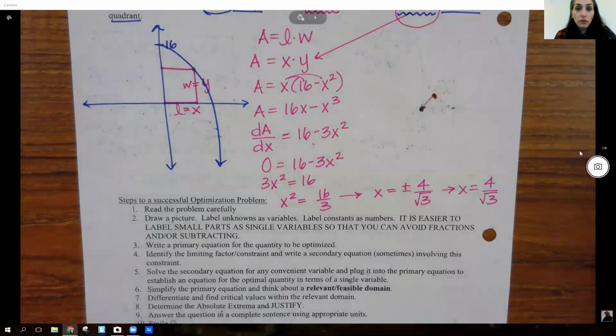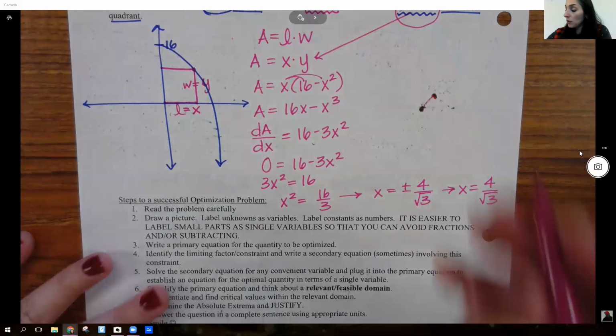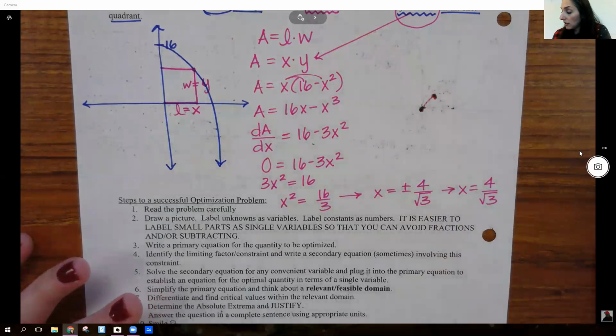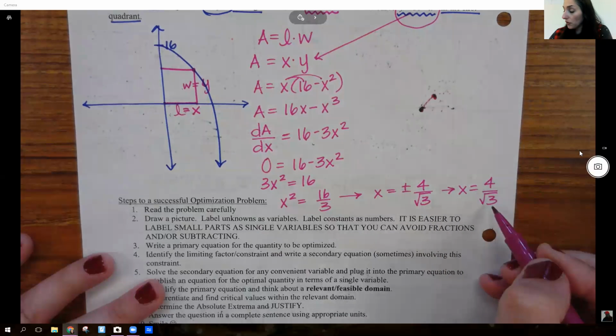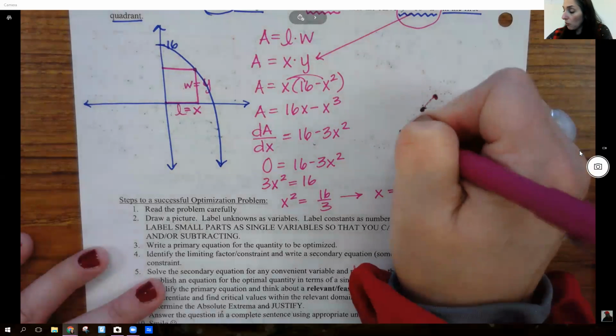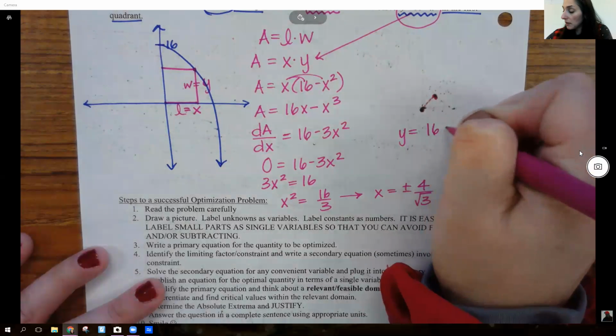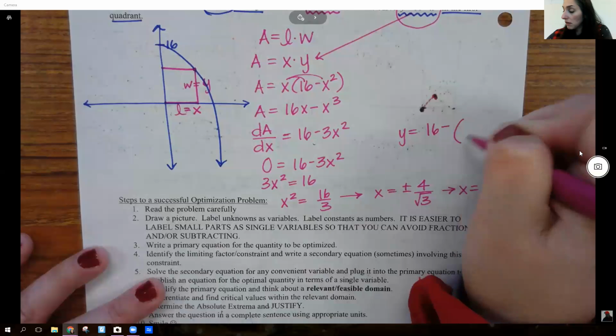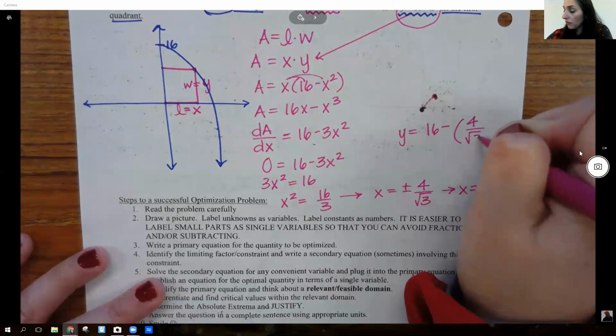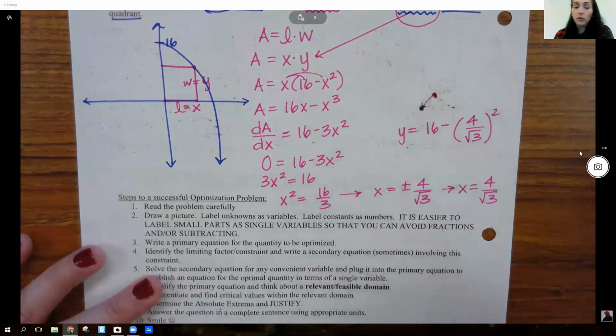Your x value is 4 over the square root of 3, and you can leave it like that. We need to know the other dimension, though. So if x is 4 over root 3, then y is going to be 16 minus (4 over root 3) squared.